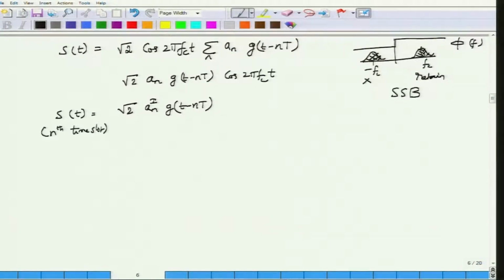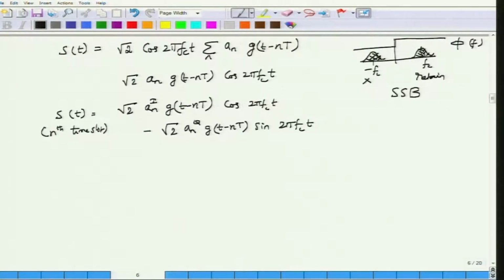For the nth time slot, this can be written as a_n^I g(t - nT) cos 2 pi f_c t. I have changed the notation here. This is a_n^I, because I want to introduce one more signal, which is a_n^Q g(t - nT) sin 2 pi f_c t.